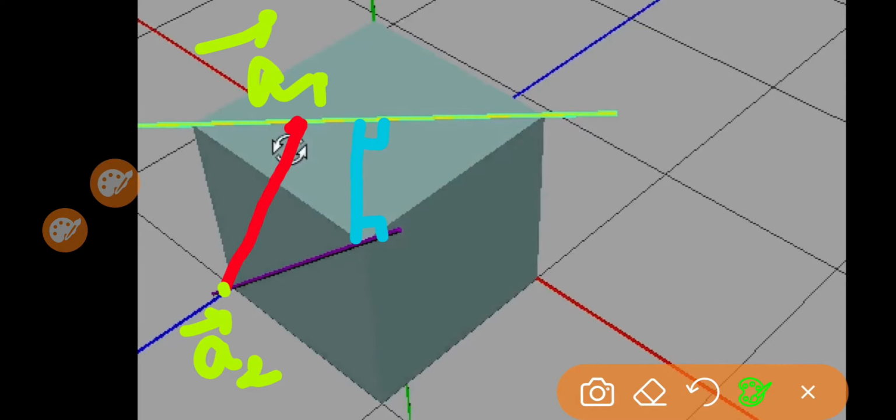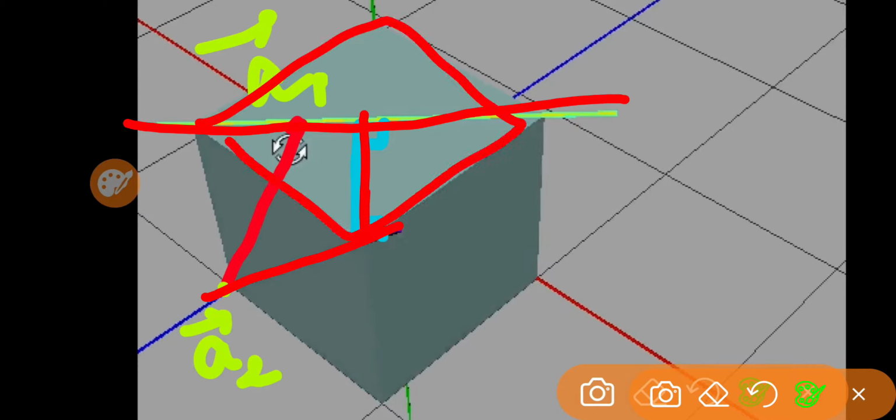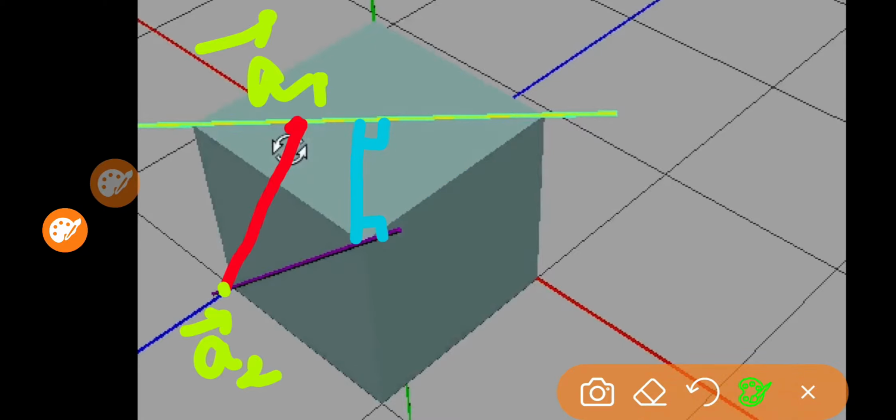Now look at this diagram. You will clearly see that this line which is passing and this line which is going will be closest to each other at this surface.